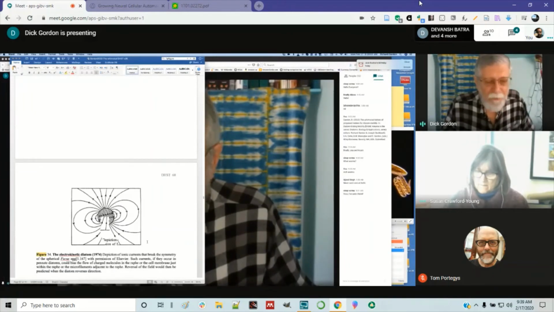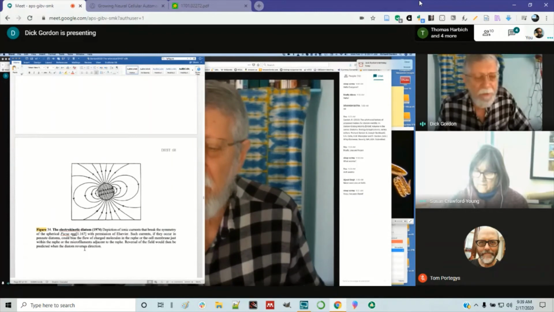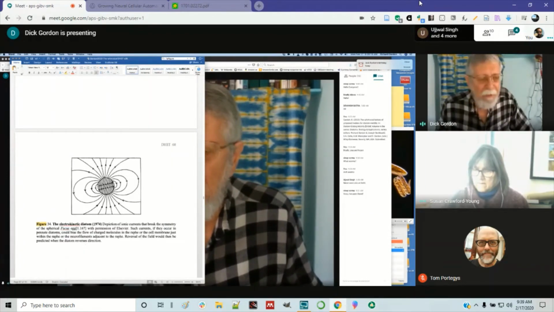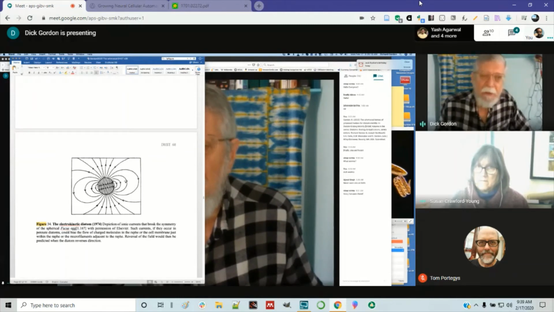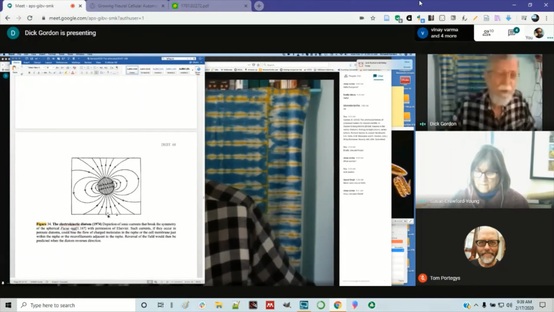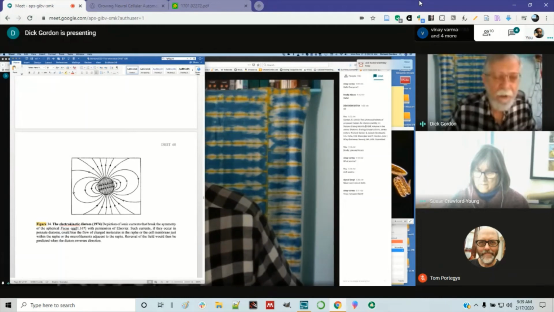Okay, another model which I'm throwing out here is by Lionel Jaffe. This is not talked about much, but it could be, and that is that the cell can generate an electric current.